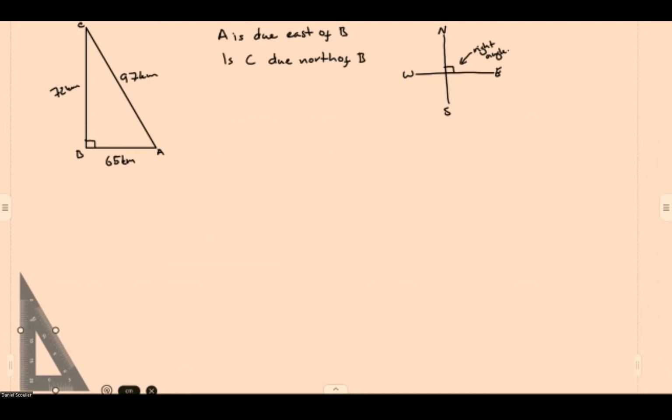So it's a wee bit of a story thrown in, a wee bit of Pythagoras thrown in with a proof, just to throw you a wee bit, but it's the same.